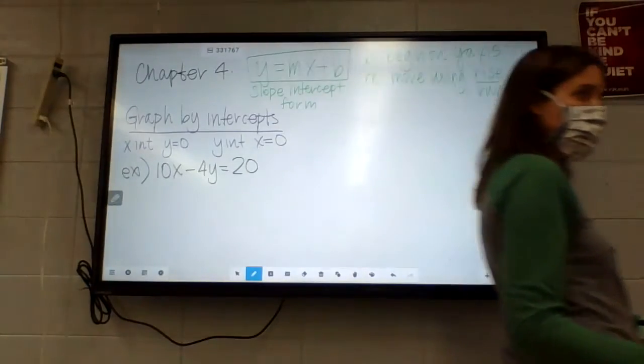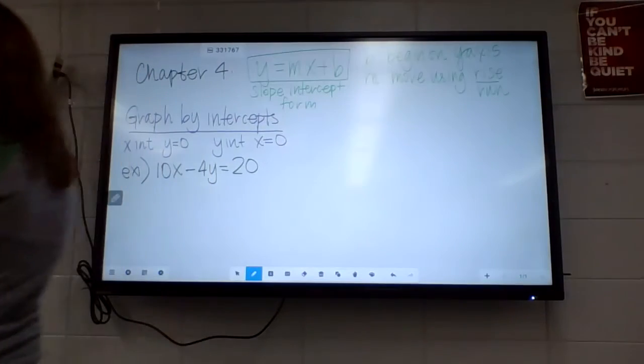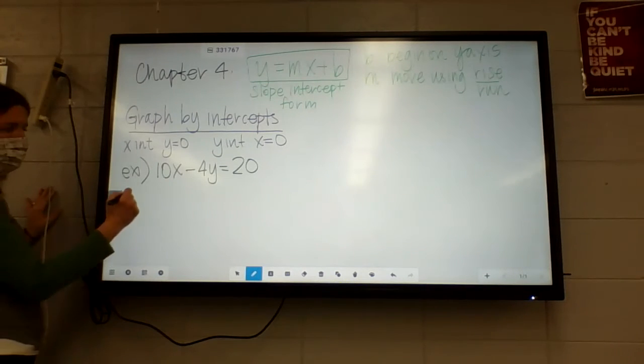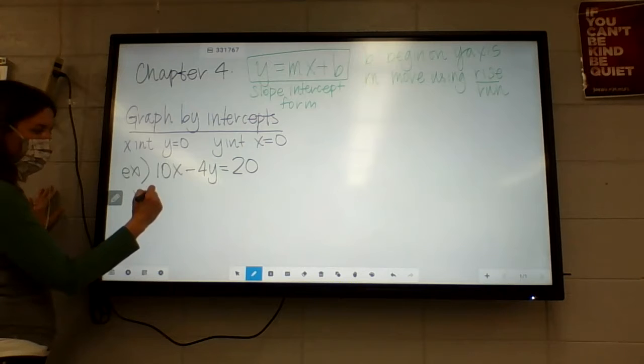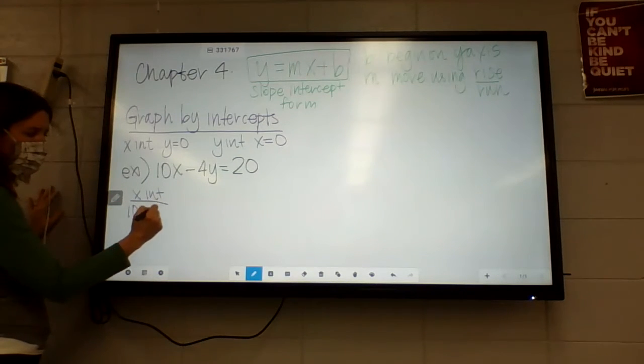It doesn't have to be in slope-intercept form, so it's okay that it's in the form it's in. We actually probably will like it this way. So we're going to find the x and y intercepts, and then we're going to use that to graph it. This would definitely be something I would suggest putting on your note card: graphing by intercepts. So if I'm looking for the x-intercept, I'm going to substitute in y is 0. So I'm going to put 0 in for my y.